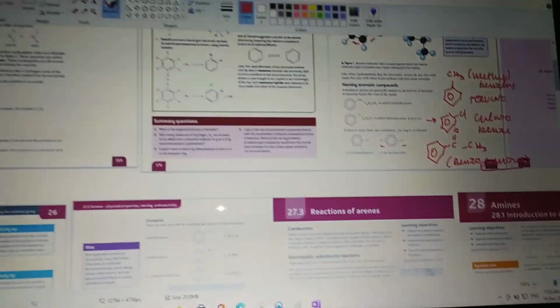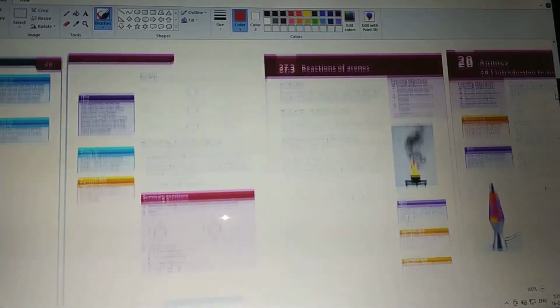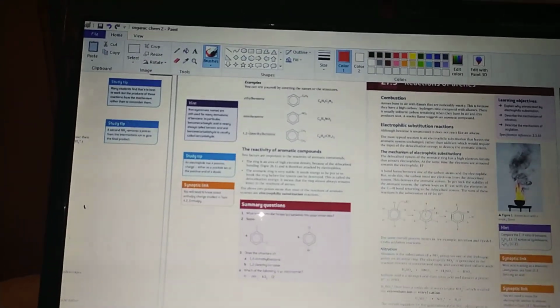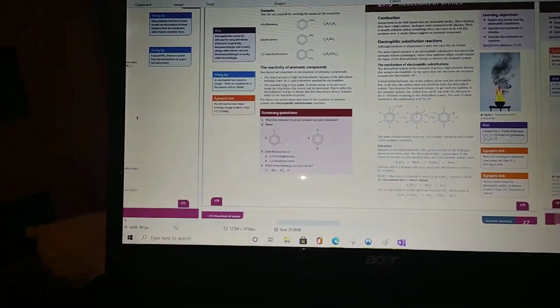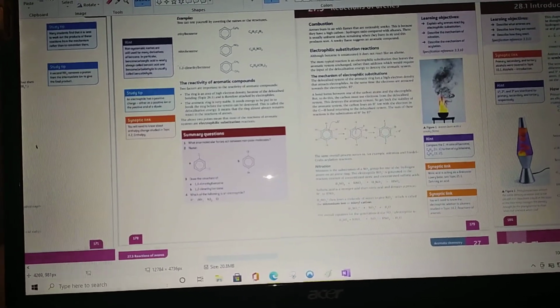Okay, now we see the reactivity of the aromatic compounds. Basically, there are two factors which are important to the reactivity of the aromatic compounds. The ring is an area of high electron density, because of the delocalized bonding, and therefore is attacked by electrophiles.